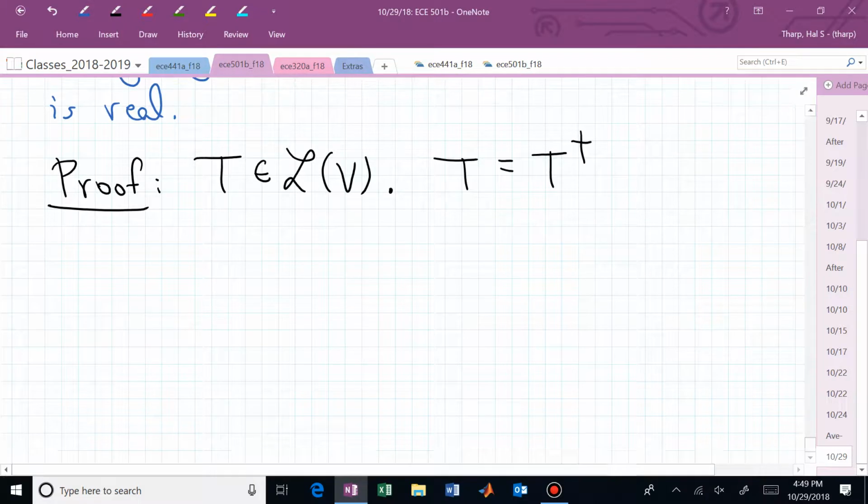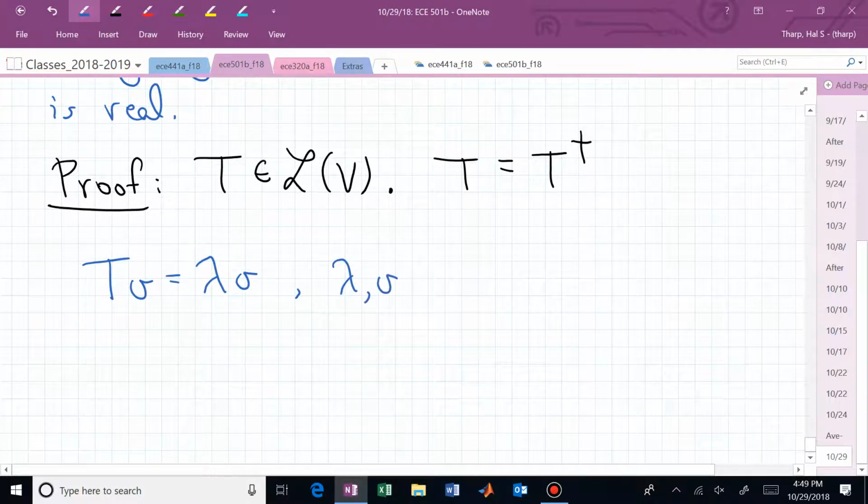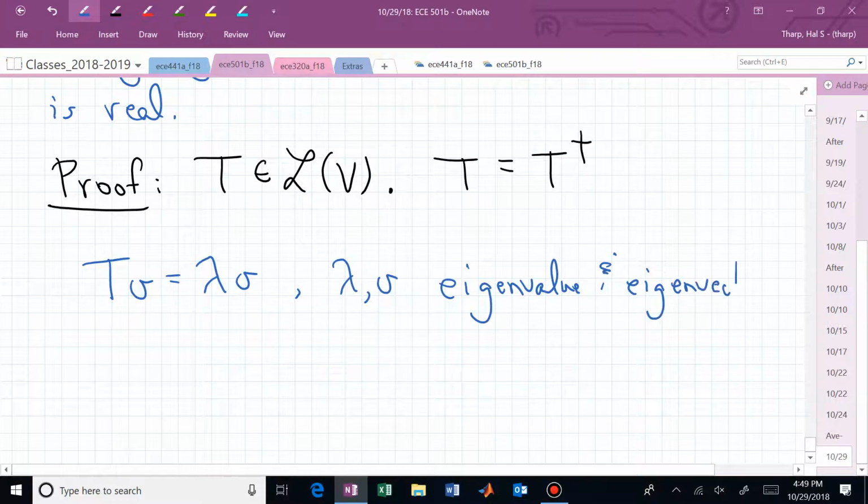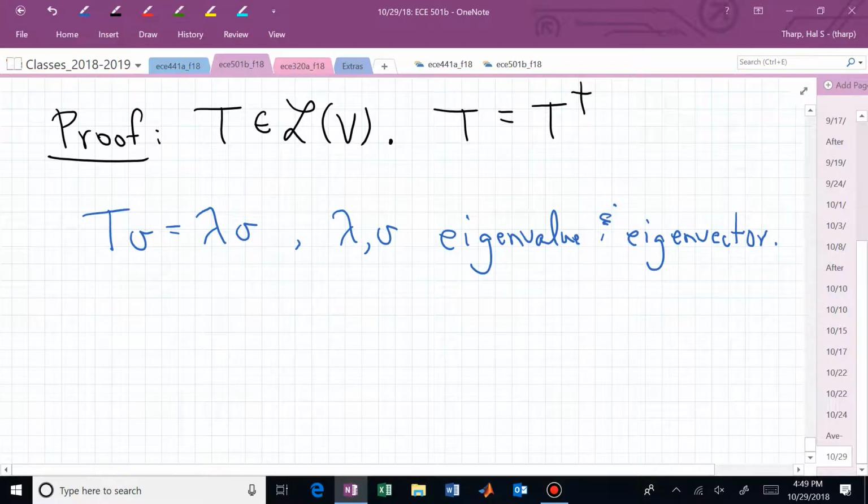So now you have TV is equal to lambda v. That's the relationship where lambda is the eigenvalue and v is the eigenvector. And now we want to put all of those into maybe inner products or something to try to show that lambda must be real when T is equal to T dagger.